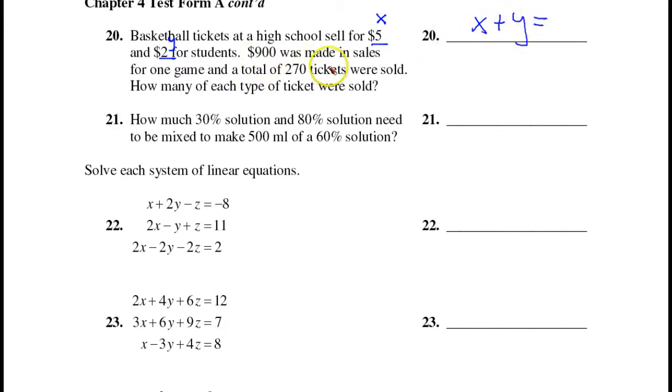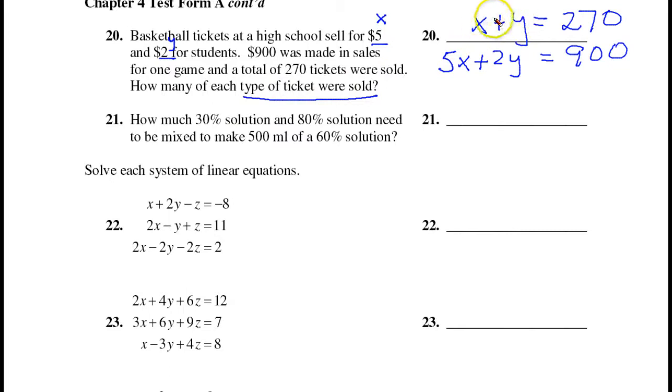The total number was 270. And for the $5 tickets, that number, plus the $2 tickets, that number, the sale was 900. So again, you could use substitution or multiply here everything by a -2. I probably would do it that way, and then solve for one letter, then for the other. Because they want to know how many types of tickets were sold. You need to solve for X and Y.